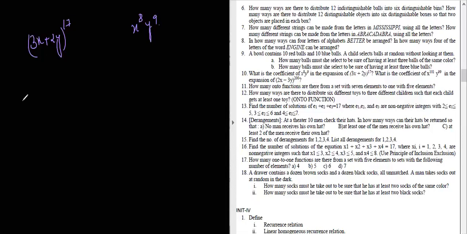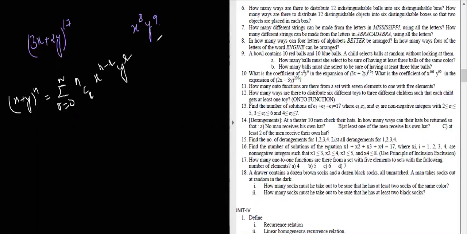So let's write the theorem first. (x plus y) whole power n is equivalent to the summation of r is equal to 0 to n, nCr, x power n minus r, y power r.